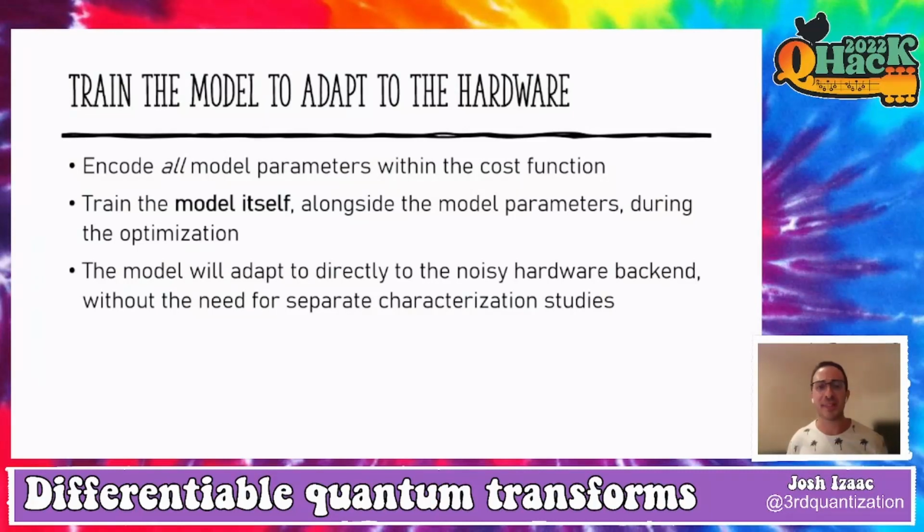So the cool thing about this is that we can train the model itself to adapt directly to the noisy hardware backend without the need to separately characterize the device, what the particular noise looks like on this device. We don't have to worry about porting that to different noisy backends. We can simply train the model at the same time we're training the model parameters.